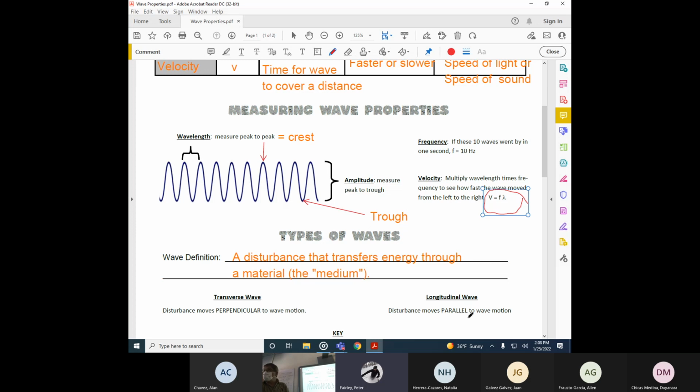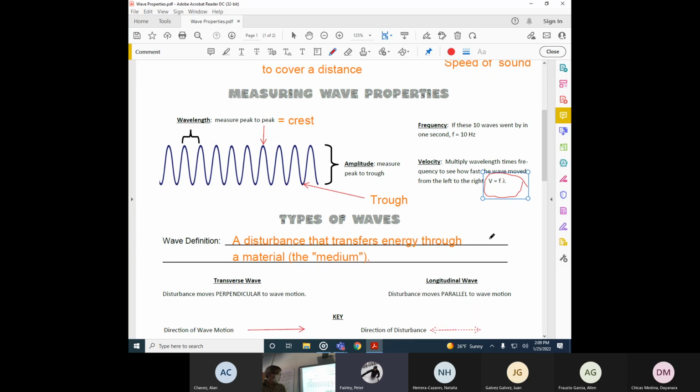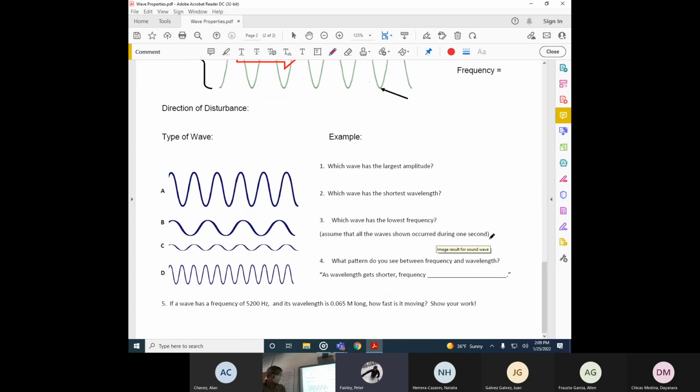How fast it is. The velocity is its frequency times lambda, F lambda, frequency times wavelength. So all you have to do is take those two numbers and multiply them, right? Save your work, turn it in, just frequency times wavelength.